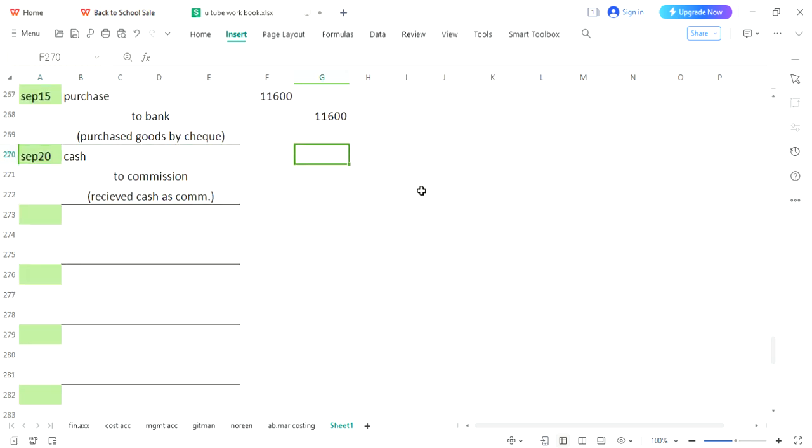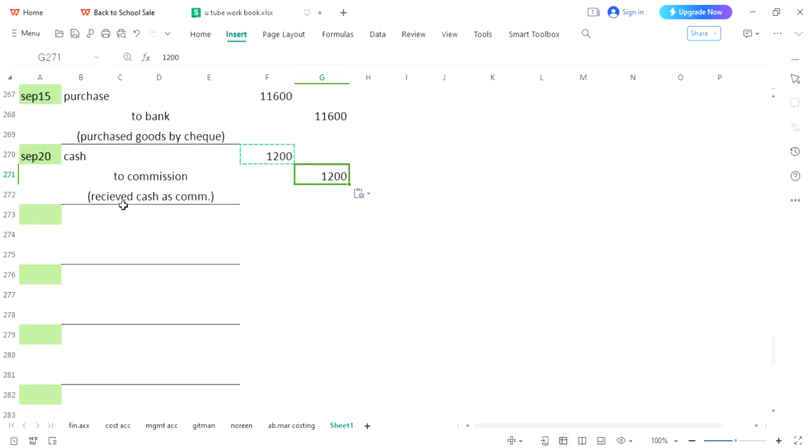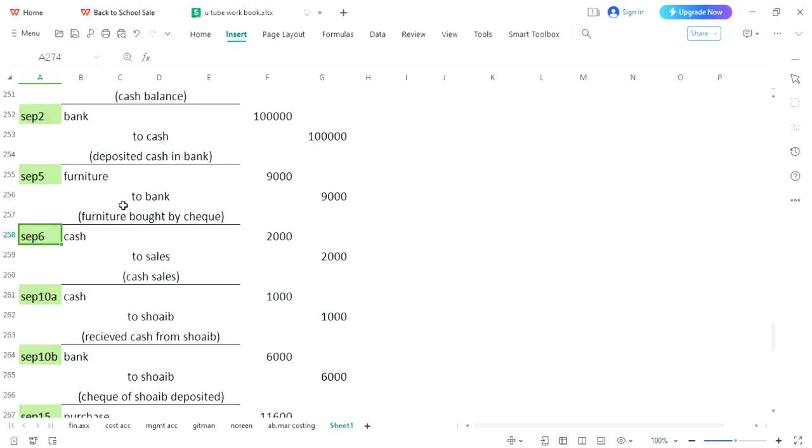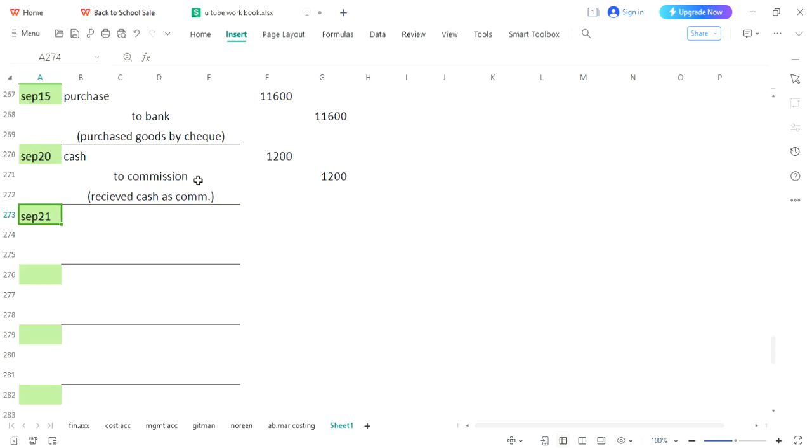So just put 1200 on debit side, and you will put same amount on credit side as well. September 20 is completed. Now September 23rd. It was September 23rd was the date.